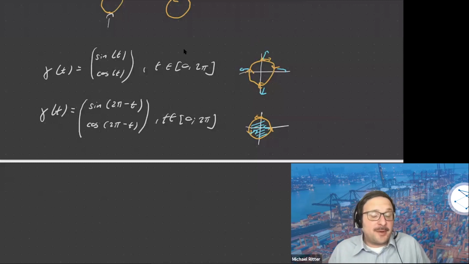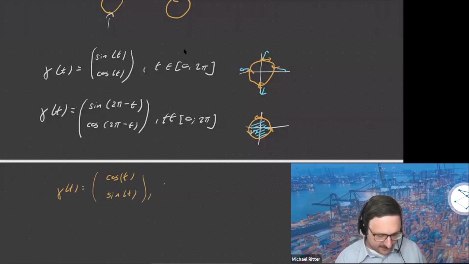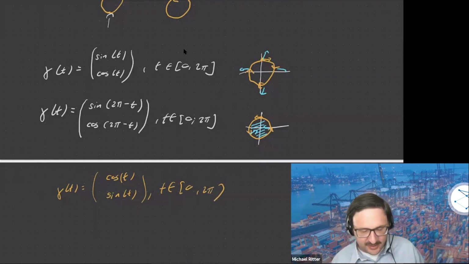Of course, you can also come up with a completely new parameterization, right? I could also have said, well, what I actually need is this circle here, and I already know a parameterization of that circle: cosine of t and sine of t, with t in 0 to 2 pi. That's precisely the same circle, in the same direction.